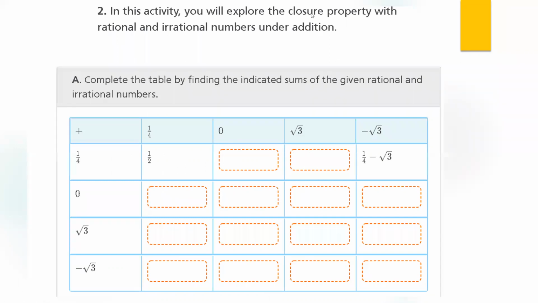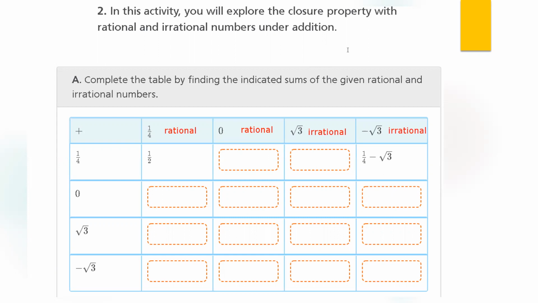Now, let's classify these numbers. 1/4 is rational, because I can write it as A/B. 0 is rational. Square root of 3 is irrational, and negative square root of 3 is irrational, because the answer is not terminating, not repeating, and cannot be written as A/B.